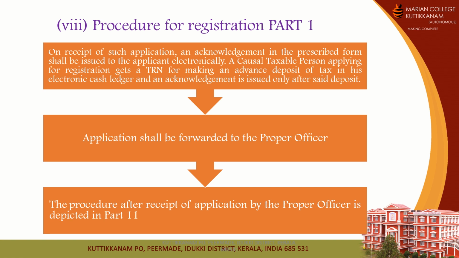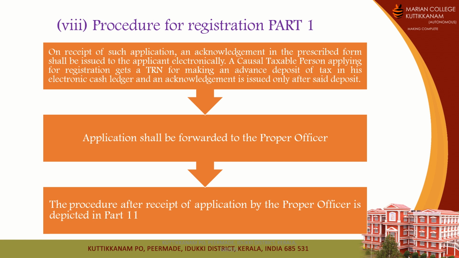Then he received an acknowledgement: he submitted an electronic application, and in response he received an acknowledgement, and this application shall be forwarded to the proper officer. The proper officer is the person who checks every document to see that everything is in proper form, and if he wants to inspect the physical place of business of the person, he may do that also.